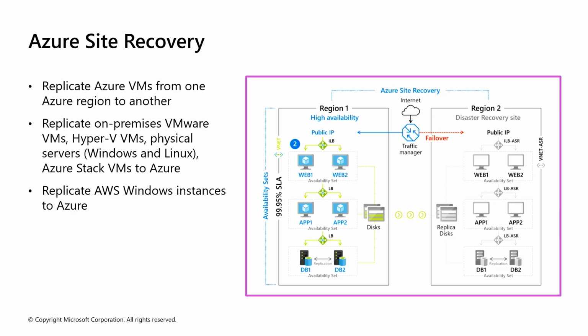VM configurations ensure continuity. As a fully integrated Azure service, ASR is automatically updated with new features. It supports sequencing of multi-tier applications. It allows non-disruptive testing of disaster recovery plans and more.